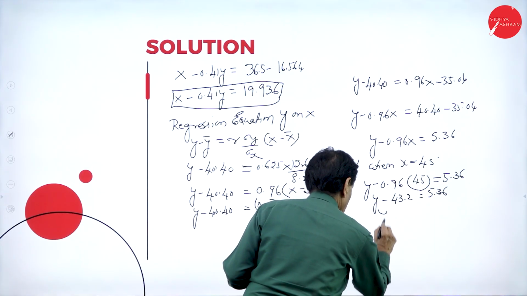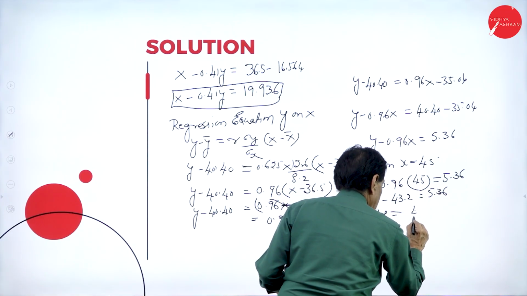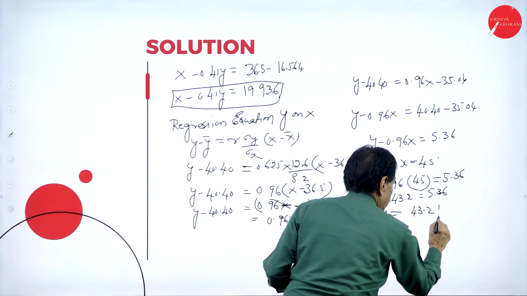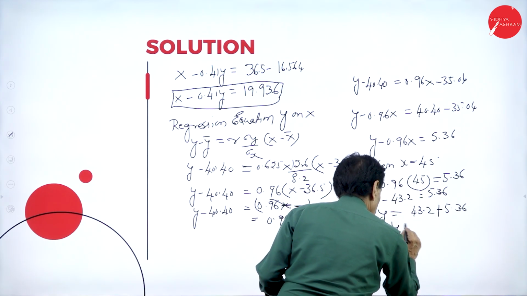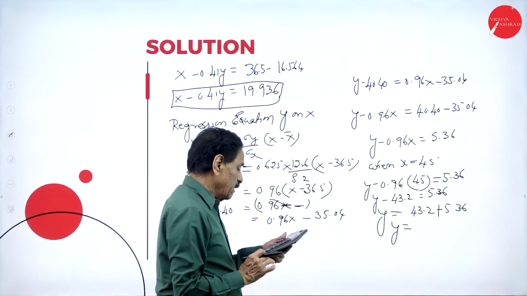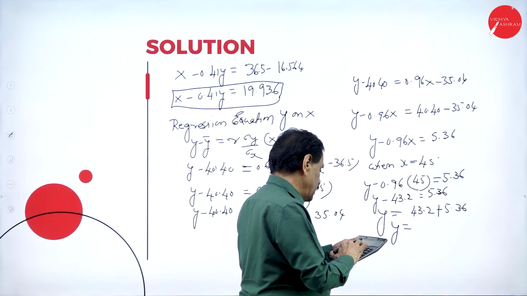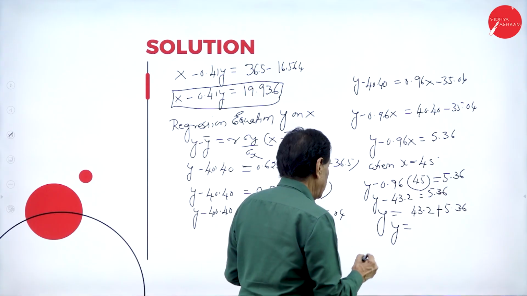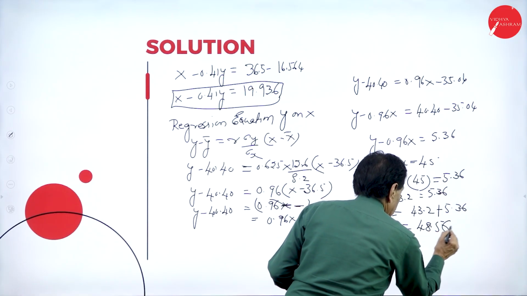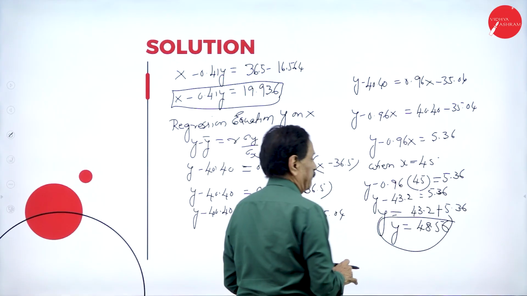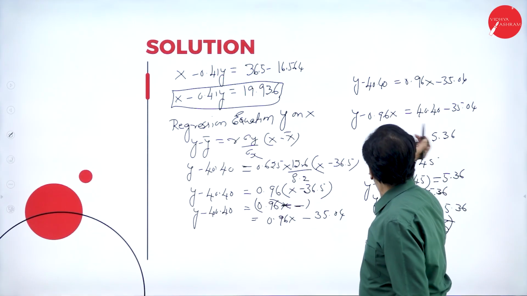So y is equal to 43.2 plus 5.36, which is 48.56. That is the answer. I constructed the two equations and found the value here.